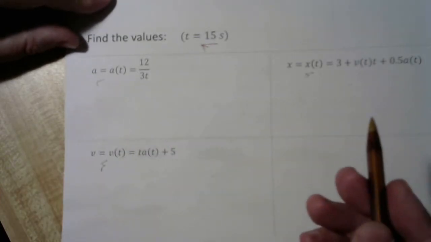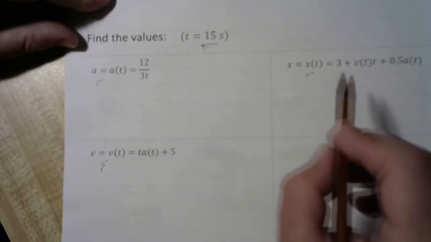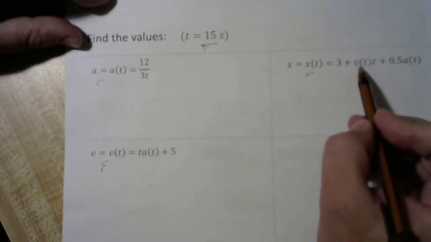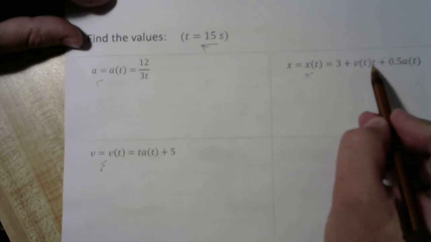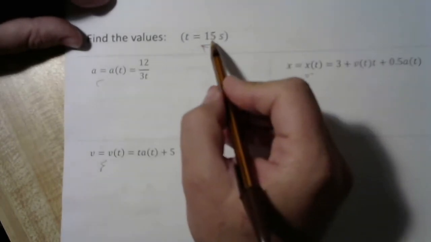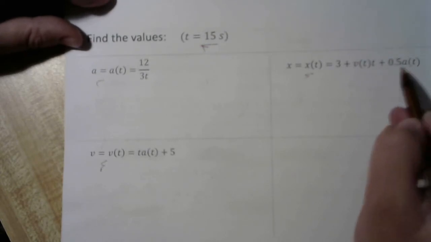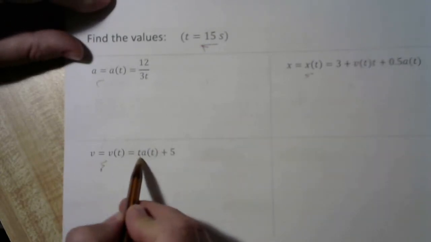I can compute now directly the acceleration. If I need to compute the position, I need to find v of t and multiply it by t. I know t is 15. I need also here the acceleration. I don't know the acceleration.